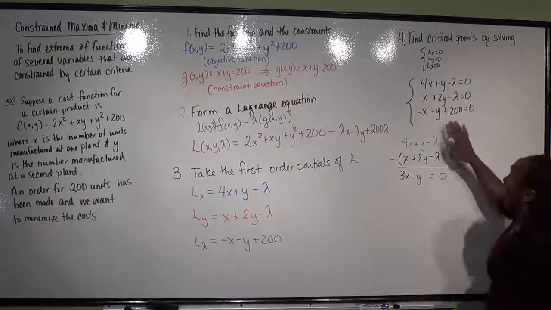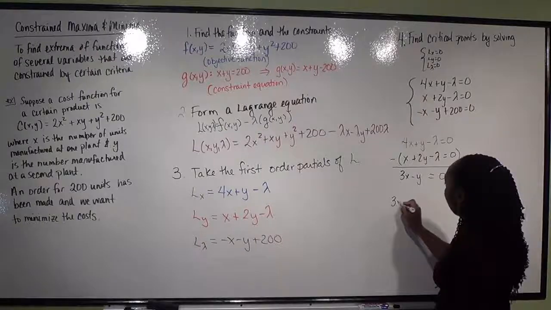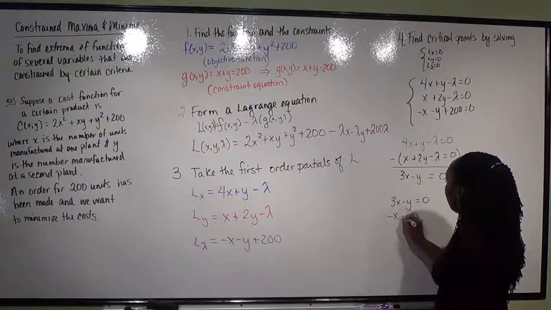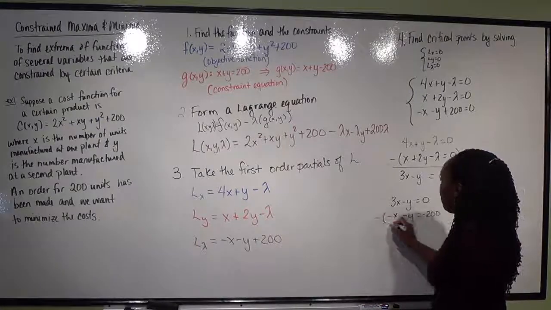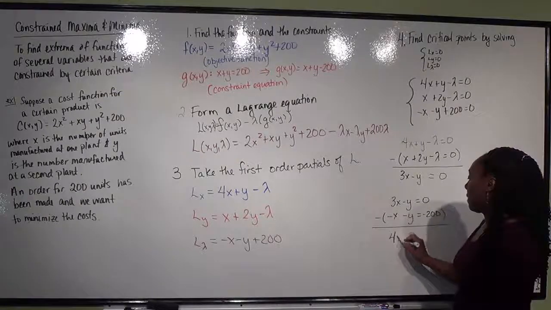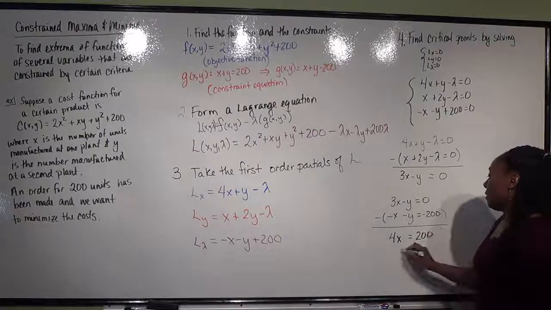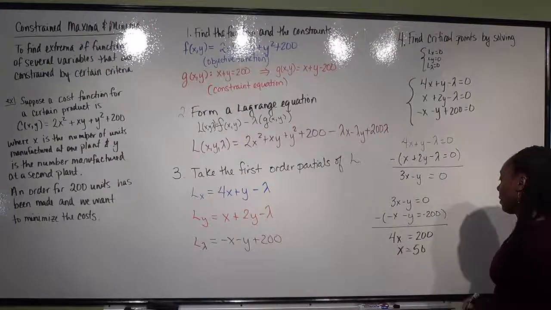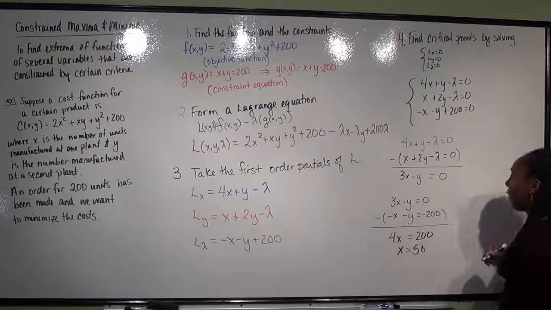And from my last equation there, so 3x minus y equaling 0, and minus x minus y equaling negative 200. Again, if I subtract there, I can see that I'm going to get 4x, the y's will cancel out, equals 200, so x will have to equal 50. Once I have the x, I can plug back in to get my y.